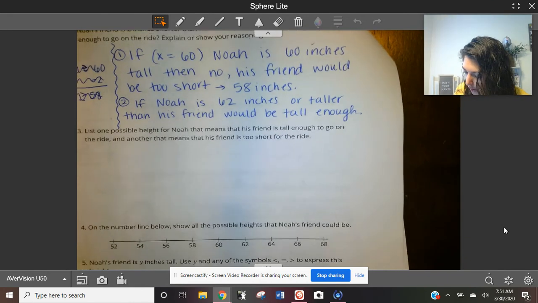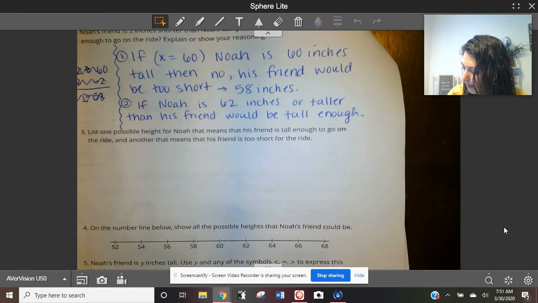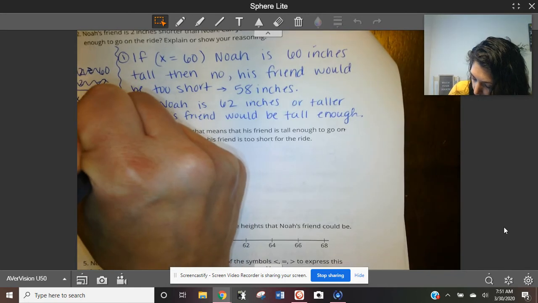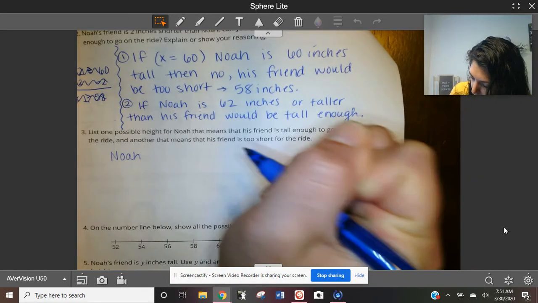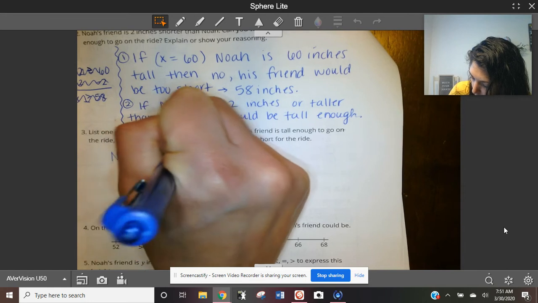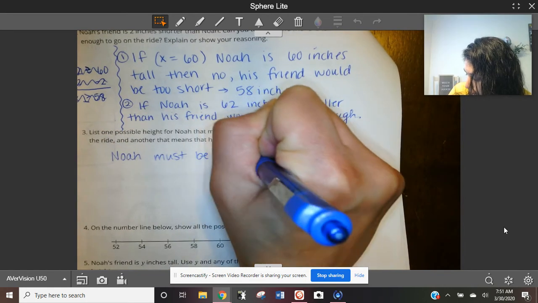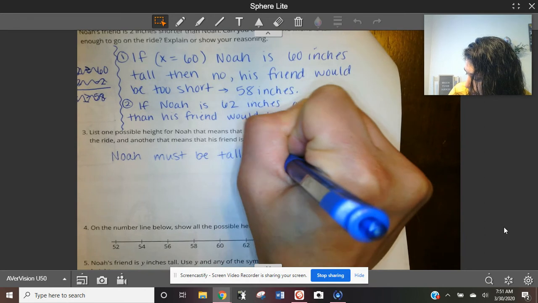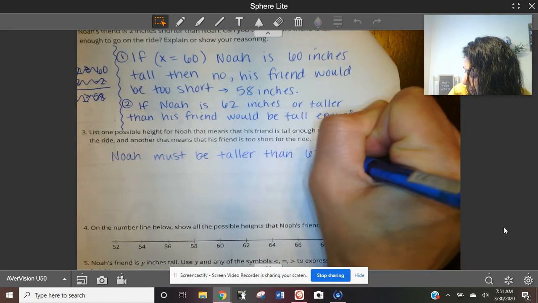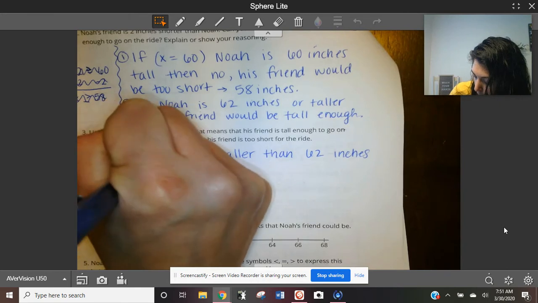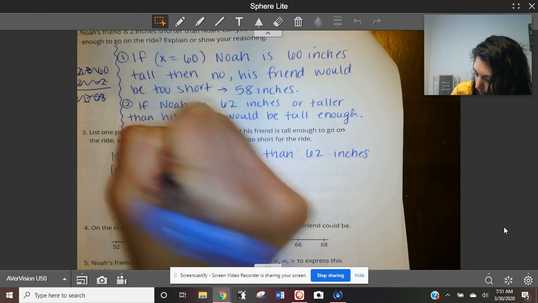We're trying to see if we have enough information to tell if Noah is tall enough. Okay. List one possible height for Noah that means that his friend is tall enough to go on the ride. So we kind of already talked about that. Okay. So Noah must be taller than 62 inches, or exactly, right?